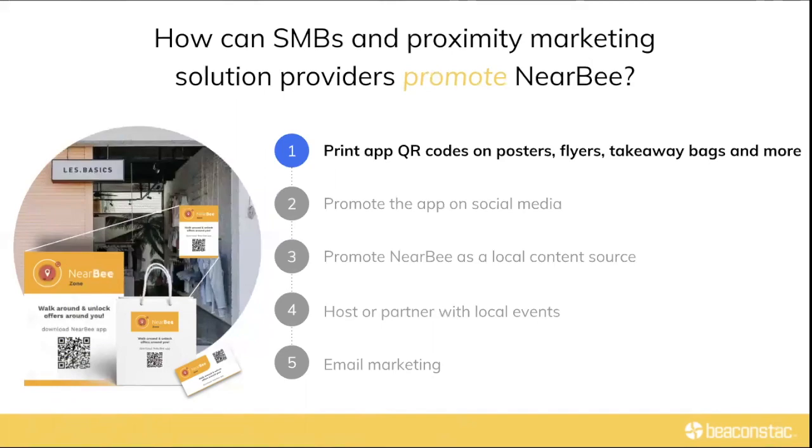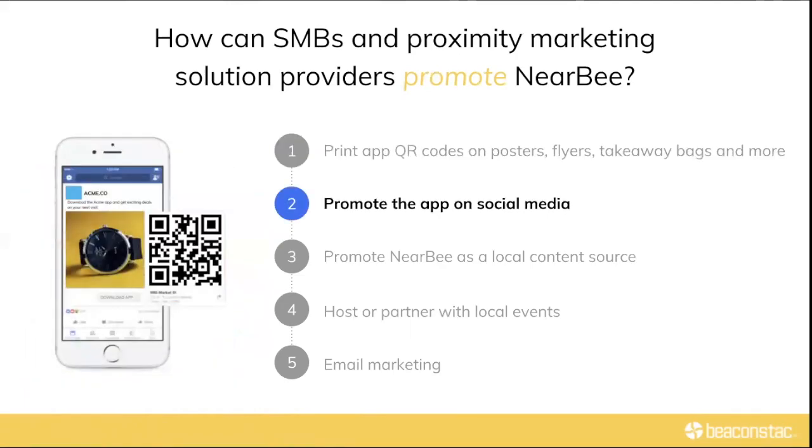You can print app QR codes. You can put them up on posters. You can put them on flyers, put them on your bags, and just really anywhere that you think is appropriate. You can let people know that NearBee is the way that you're going to send them promotions and marketing messages and so on. So that's one way to do it. Another thing that you could try is start promoting the app on social media.